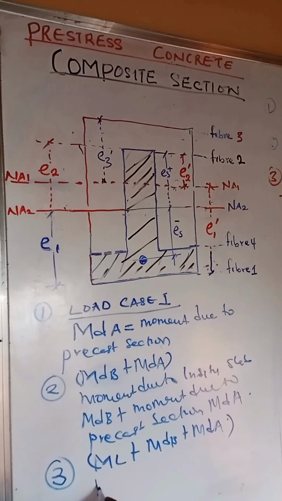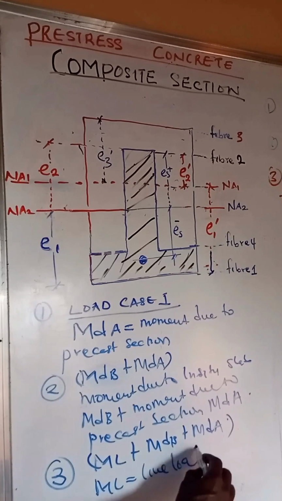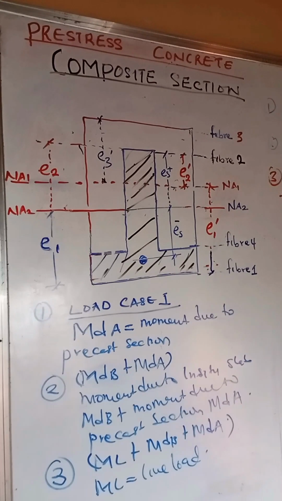Remember, in this case, our ML represents our live load, which also includes superimposed live load like your asphalt load and the rest. All right. So these are the three load cases that we are going to be considering in this particular design.